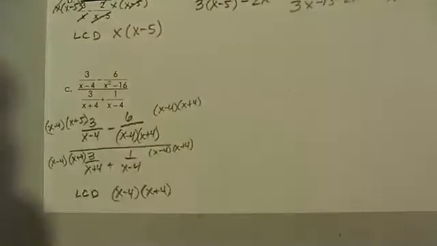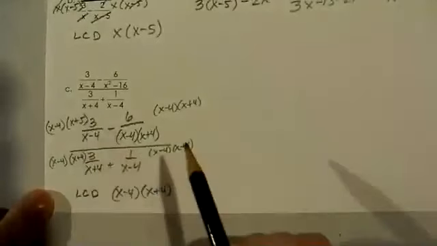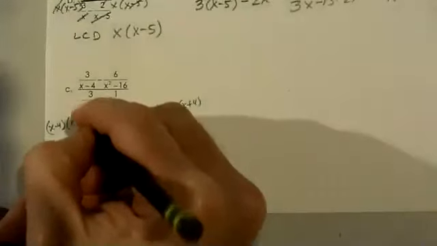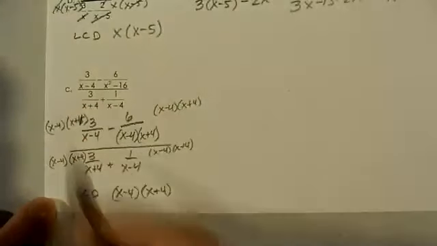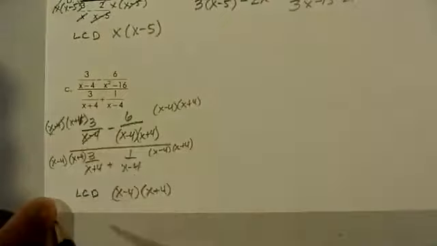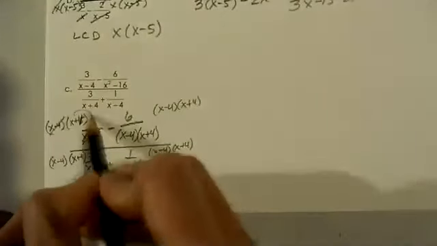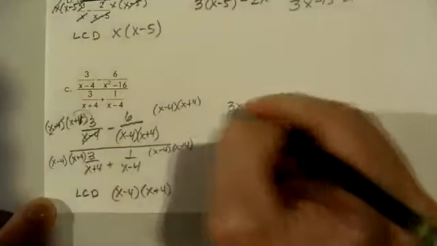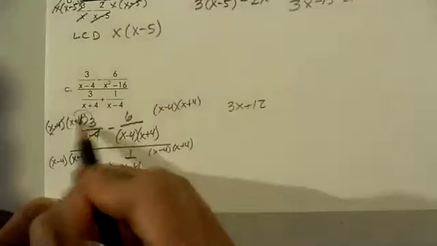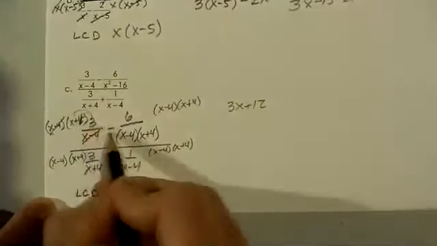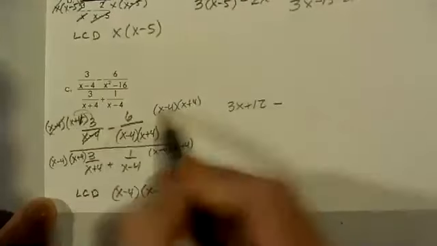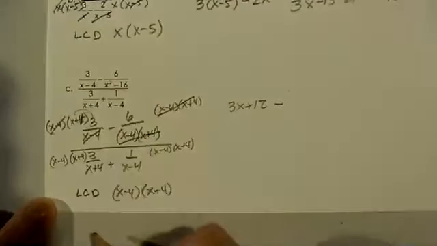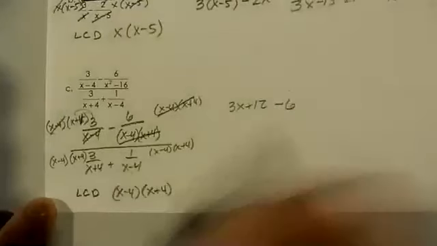So we take that LCD and we multiply all the little fractions. We're multiplying the top of every little fraction to help organize it. That's not supposed to be a 5, that's a 4, of course. So the x minus 4 is crossed out, and I'm left with 3x plus 12 minus, both of those cross out, so we're just minusing 6.